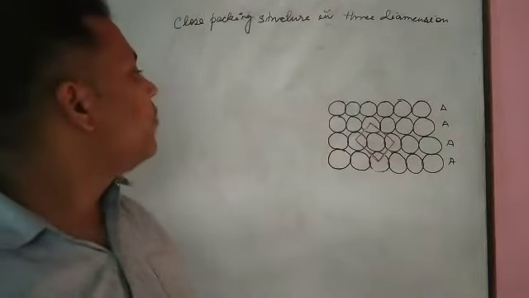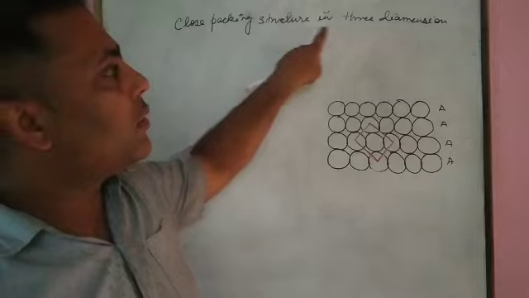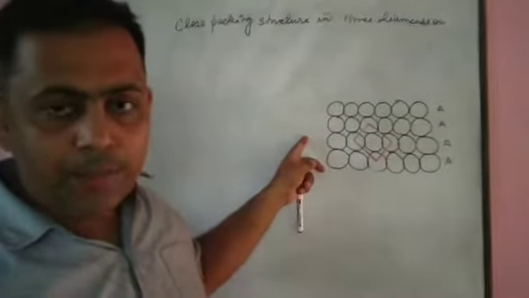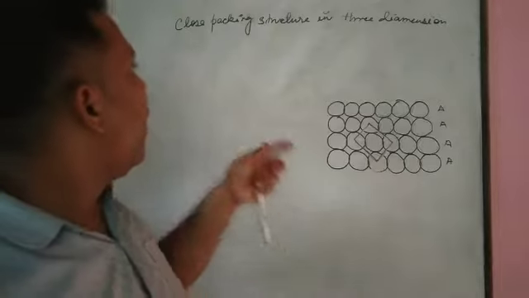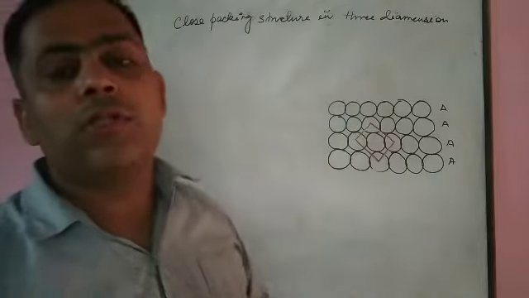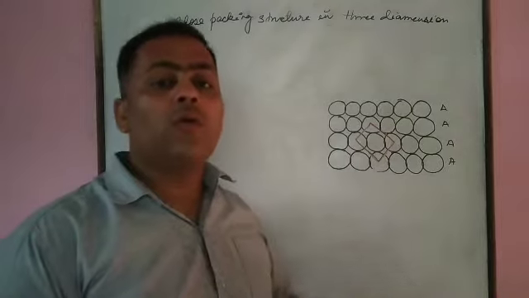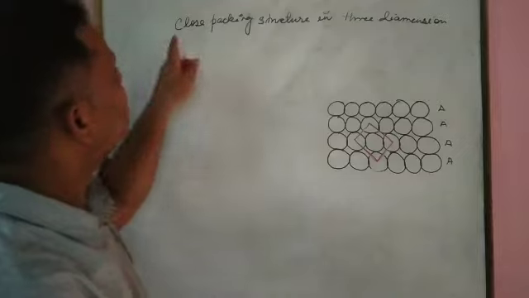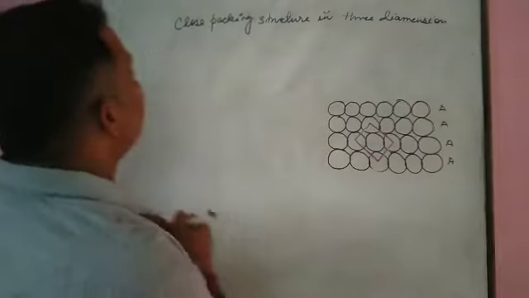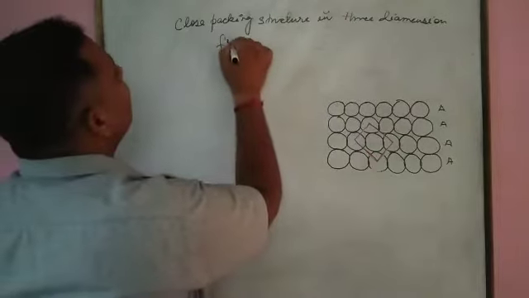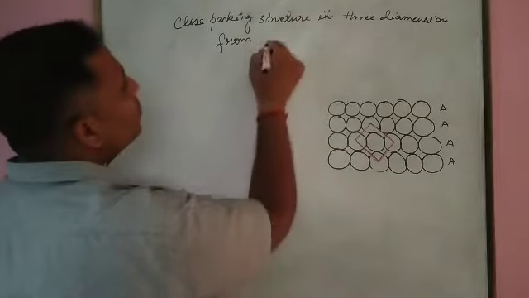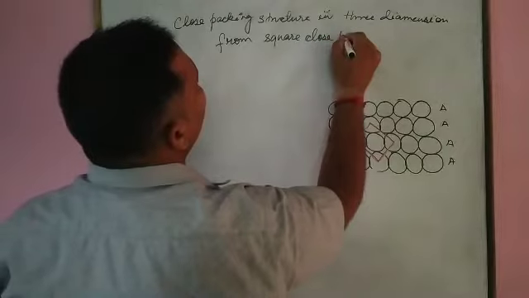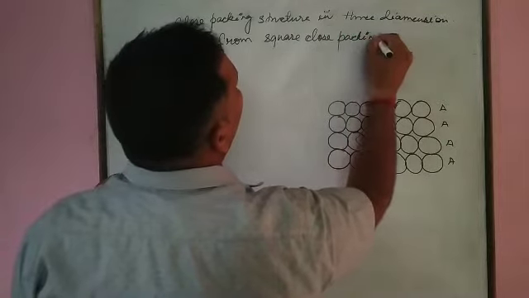Either we have closed packing structure in three dimensions from this square closed packing structure, or we have closed packing structure in three dimensions from hexagonal closed packing structure. So first, we will discuss the square closed packing structure in three dimensions from square closed packing structure.